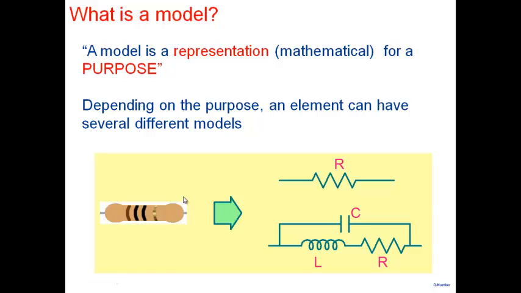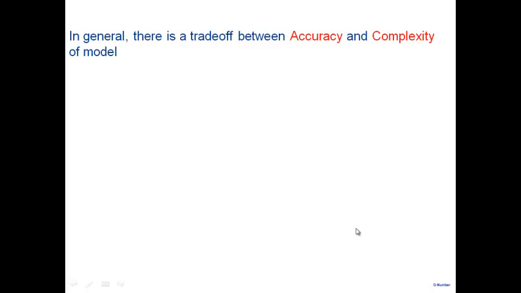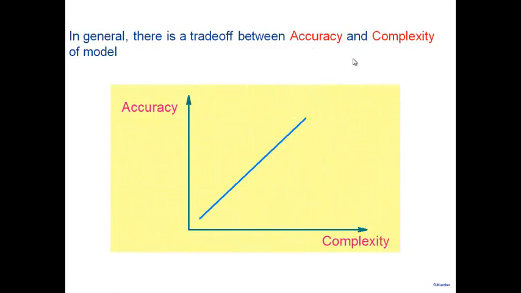So if I take a physical resistor, the physical resistor is not this. This is a simplified representation, right? A physical resistor may be more accurately represented by a capacitance here and an inductor here and a resistor R here. So I'm showing you two different models of a resistor. A simple model here and a more complicated model here, right? And in general, obviously you are seeing that there is a trade-off between accuracy and complexity of a model here, right?